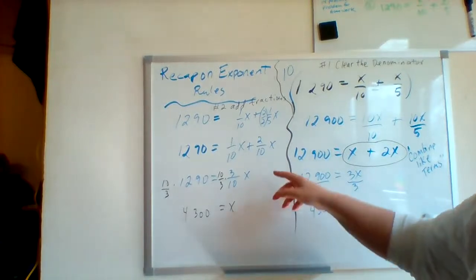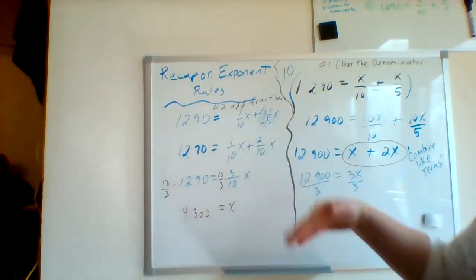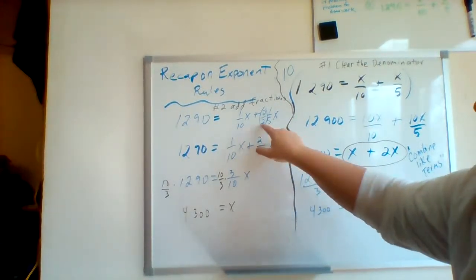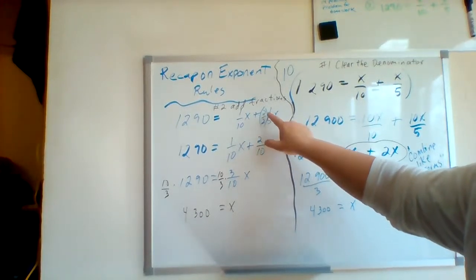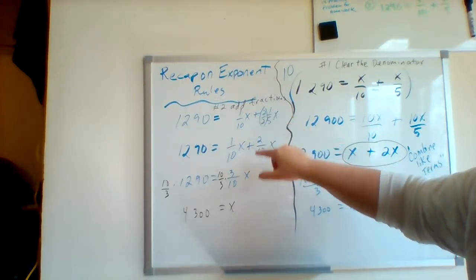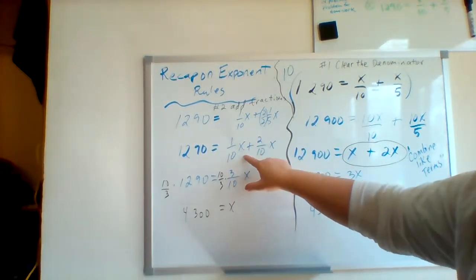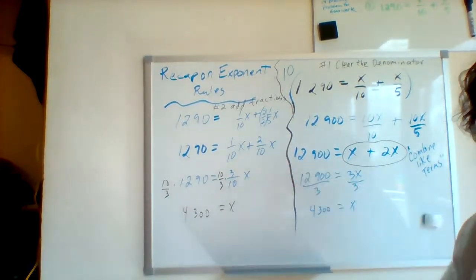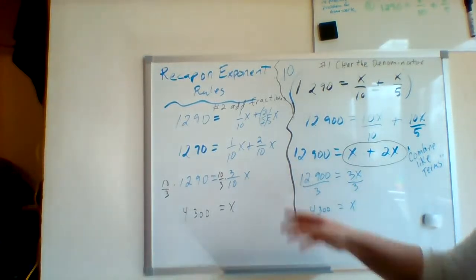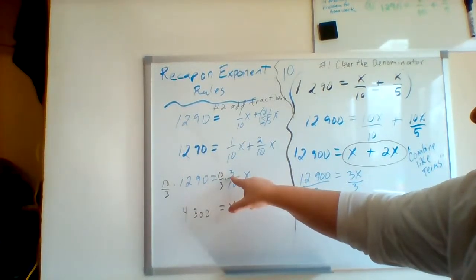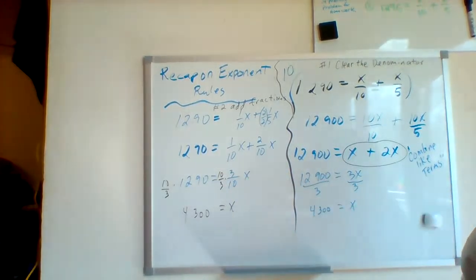Okay, yeah. So over here, when you want to add the fractions and you need the same denominator, I have to multiply this one by 2 over 2. 2 times 1 is 2, and 2 times 5 is 10. But then because these are the same base, again, I can combine like terms. So 1 plus 2 is 3, and the denominator stays the same. Our whole stayed the same. It didn't change. All right?